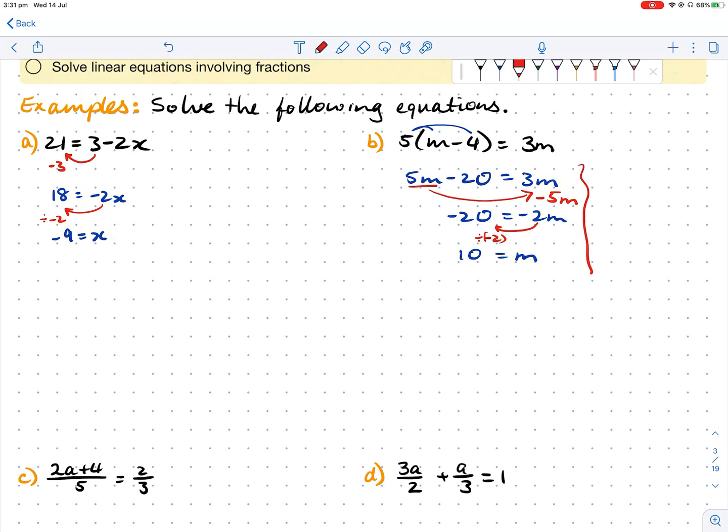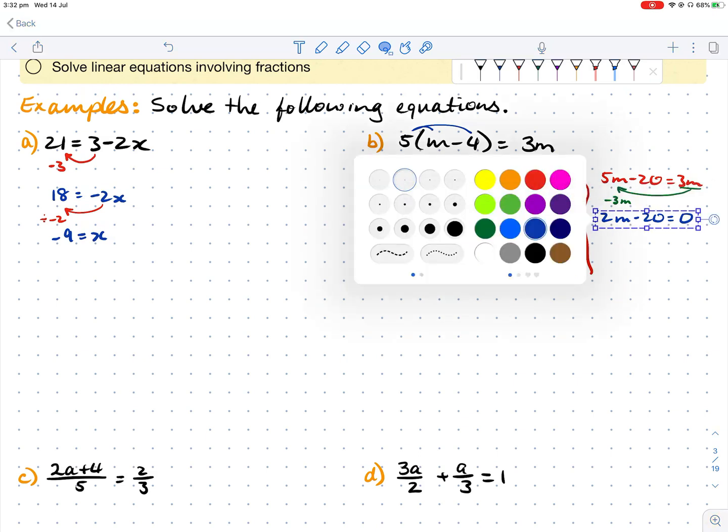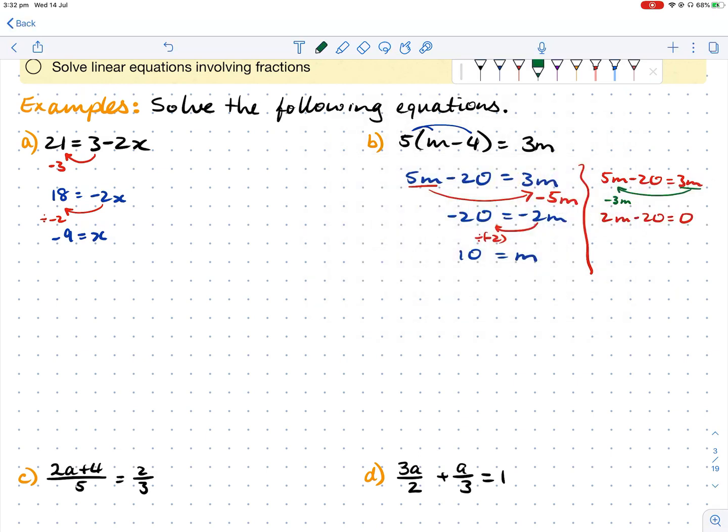Another method would be, after we do the expansion, 5m minus 20 equals 3m. A lot of you might prefer to take the 3m and move it to the left, like our normal equations. When we move it this way, we've got 2m minus 20 equals to 0, because there's nothing left on the right-hand side. Let me just change the color. And then we can move the 20 over by adding it over. 2m equals to 10.